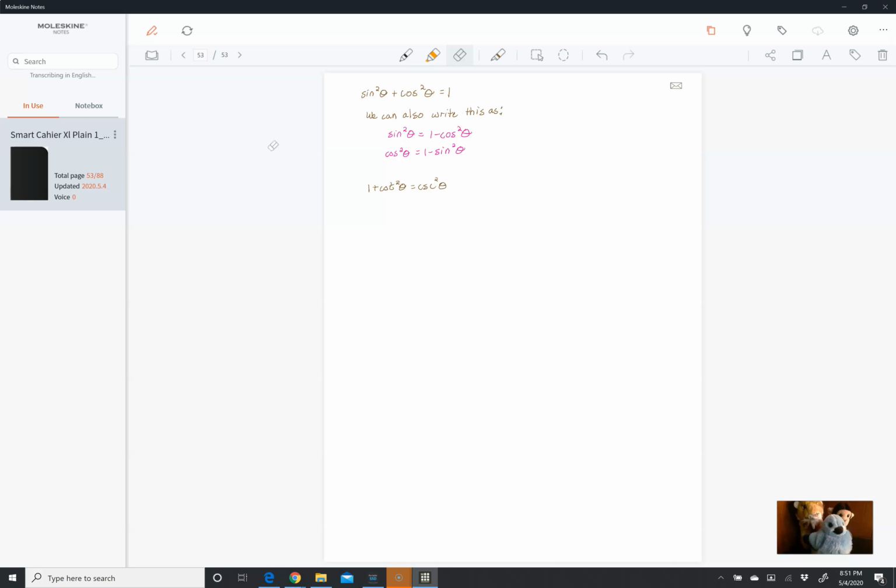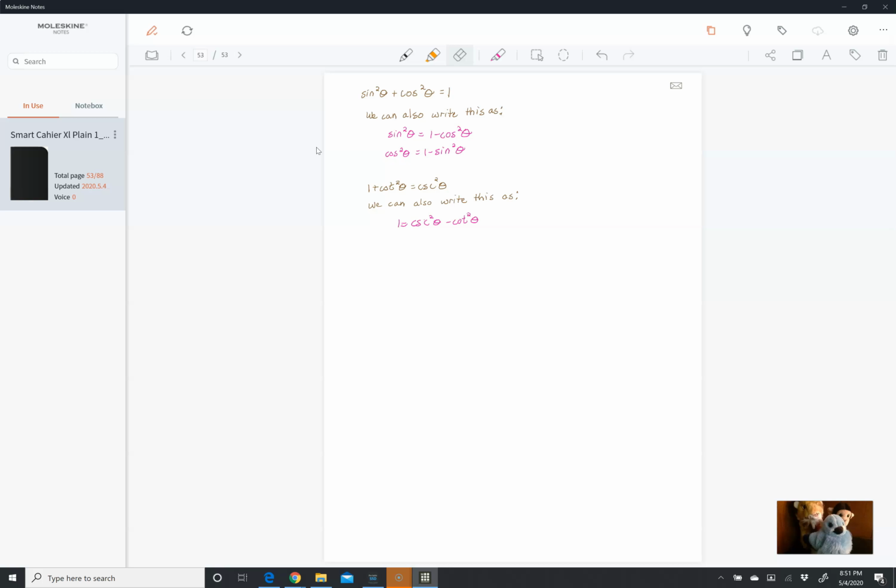And we can also write this by moving the cotangent squared to the other side, and make it 1 equals cosecant squared theta minus cotangent squared theta.